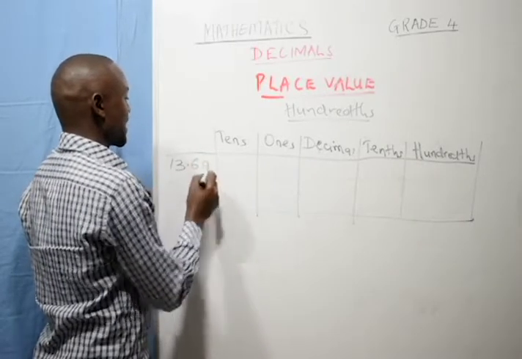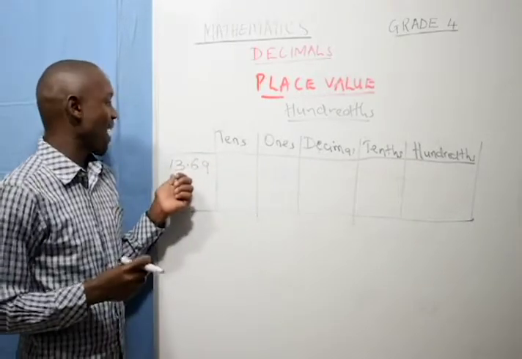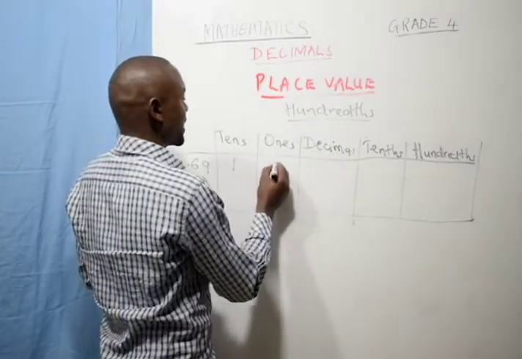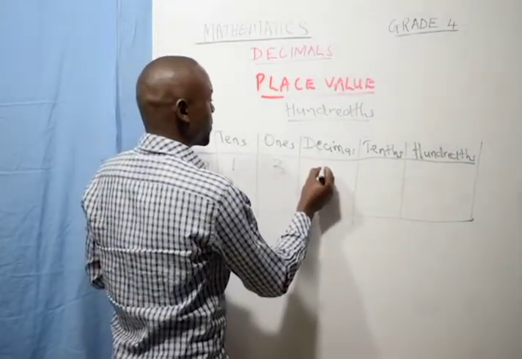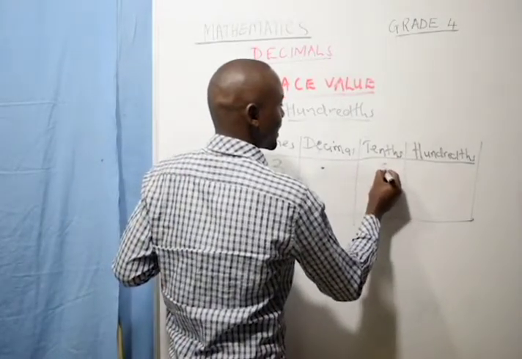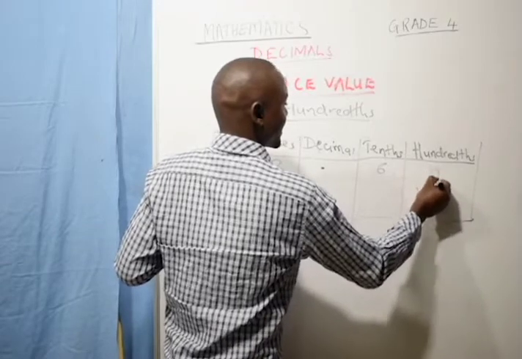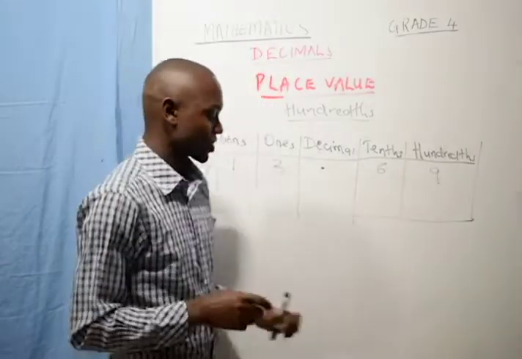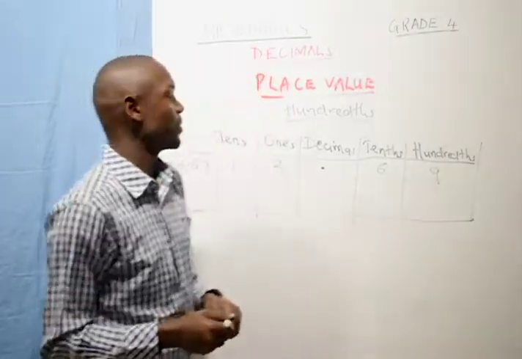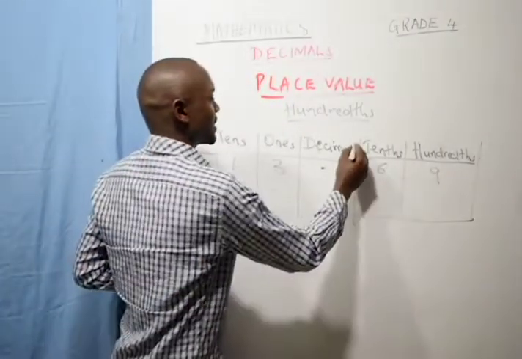In this number, 1 is in the tens place value, 3 is in the ones place value, then we have the decimal point, then digits 6 and 9. So the second digit after the decimal point is in the hundreds place value.